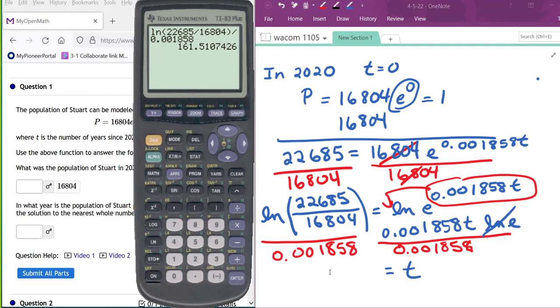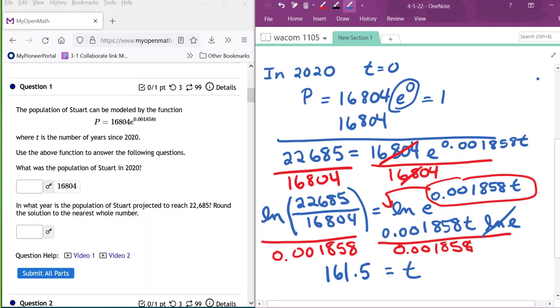So we have 161.5, and the question says, in what year, and round to the nearest whole. So we're going to round up. So we'll have 162 years. Add that to 2020.